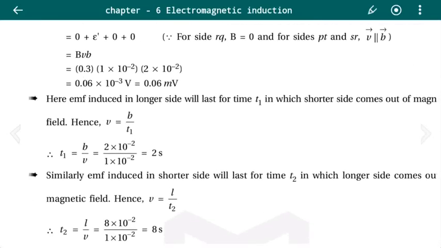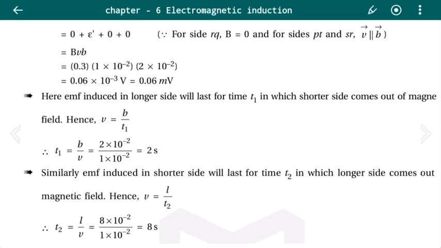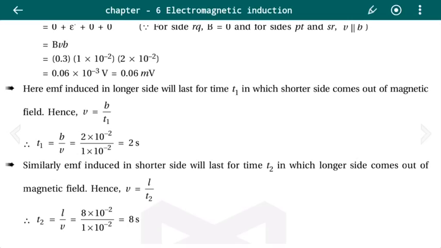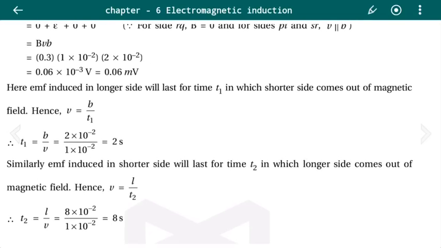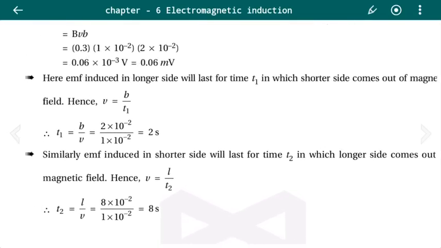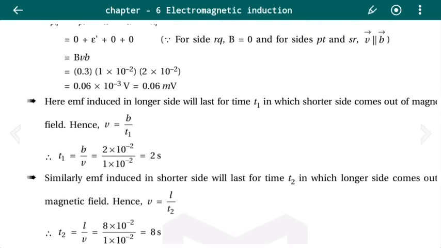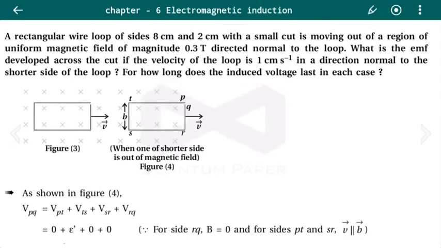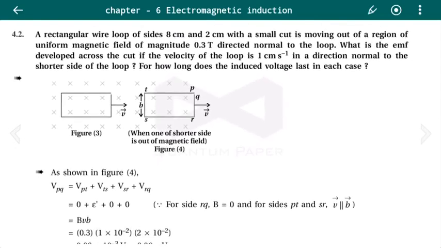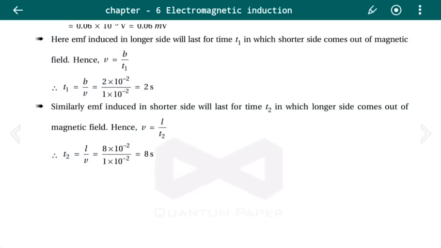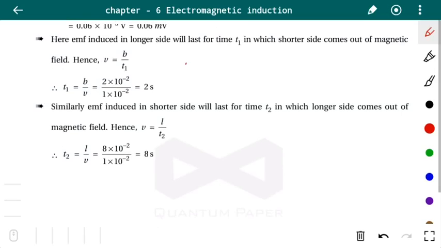Here, the EMF induced in the longer side will last for time t1, in which the shorter side comes out of the magnetic field. So we can write V equals b upon t1, because we are going to find for how long the induced voltage will be lasting. For that we will be using the equation of velocity.